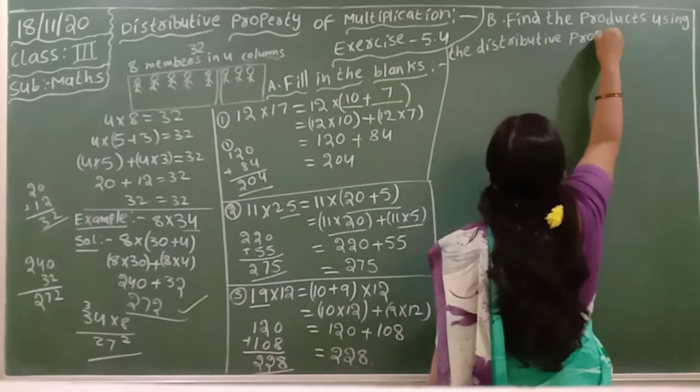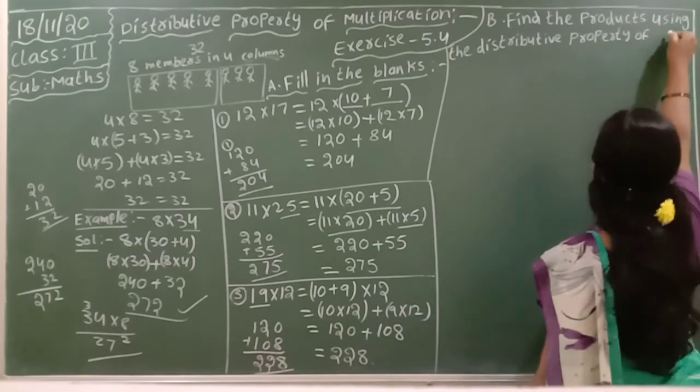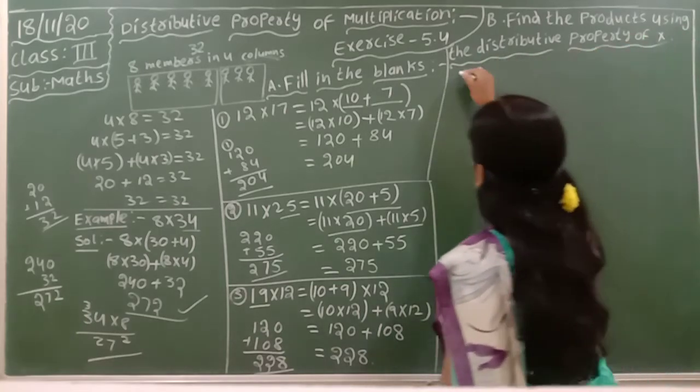Distributive property of multiplication. Place not there means I kept a multiplication symbol.